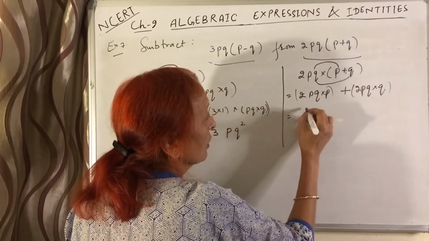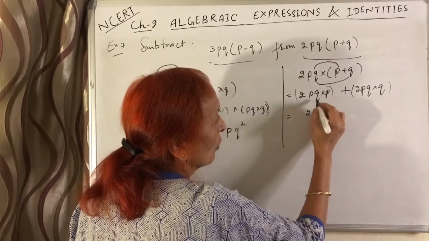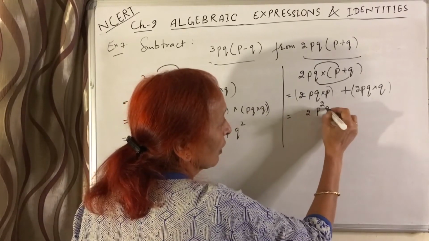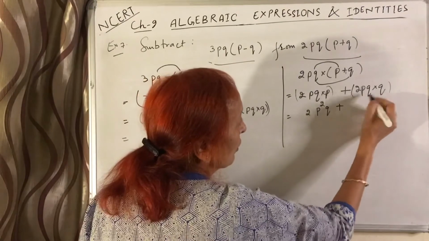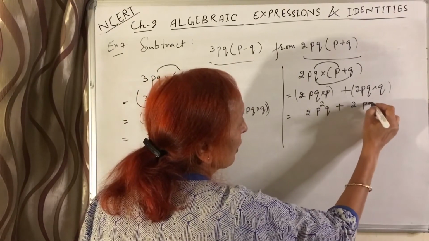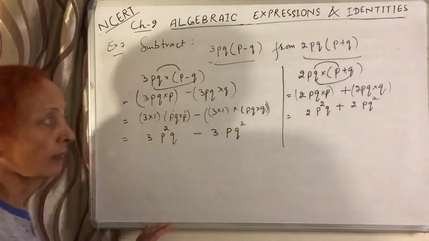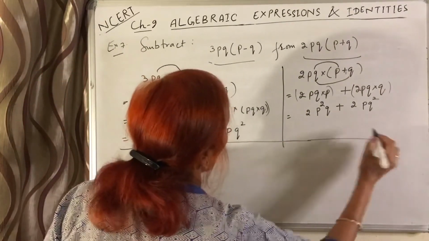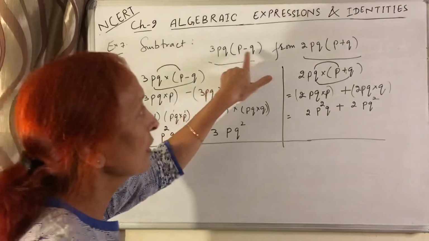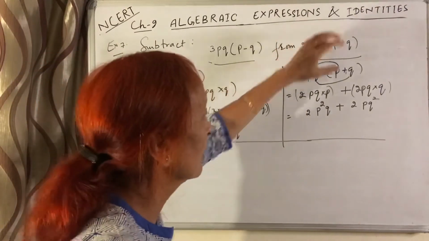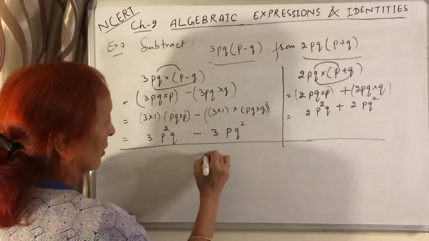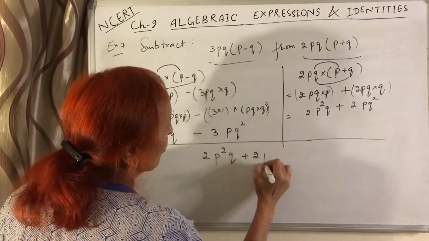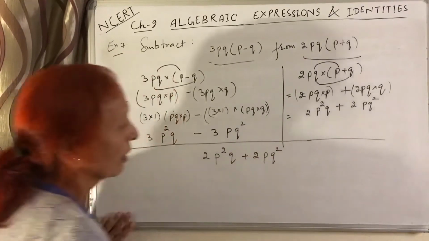Okay, now this is 2 into 1 is 2, pq into p, so 2p square q, plus 2 into 1 is 2, pq square. Okay, now we have to subtract this from this, so we will write this first: 2p square q plus 2pq square.